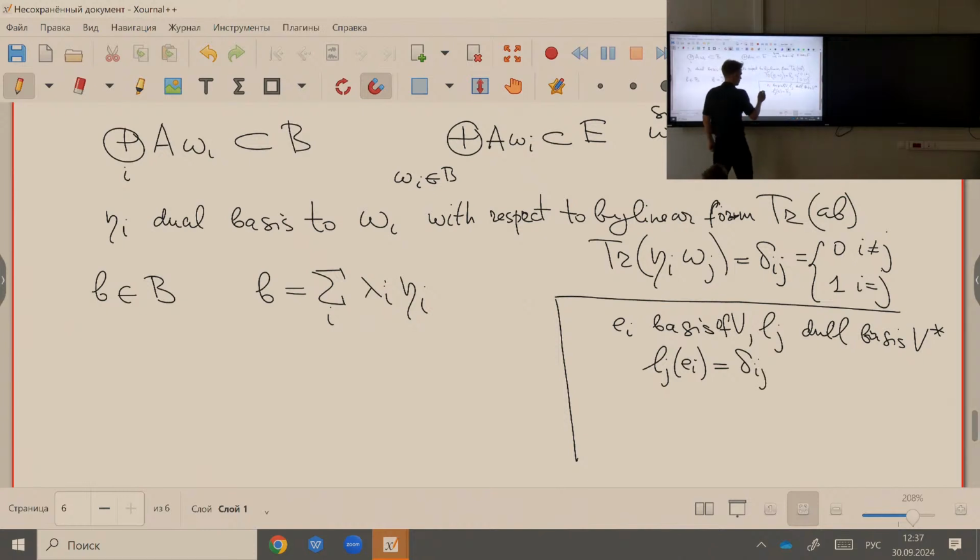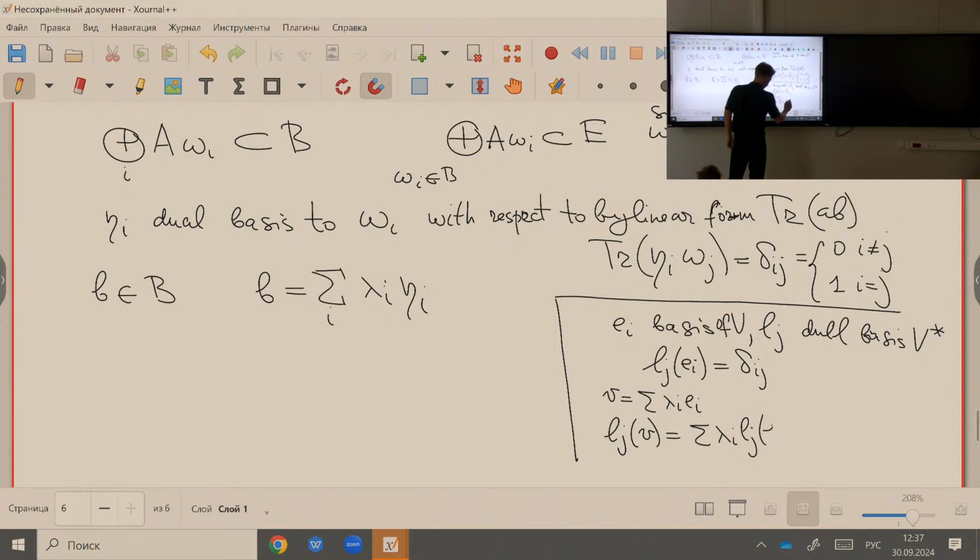Yeah, so then if your vector is written as sum of lambda_i e_i, in order to find the coefficients, you may think of L_j as just coordinates. You are just applying L_j to v, and since these are linear functionals, to all the terms.